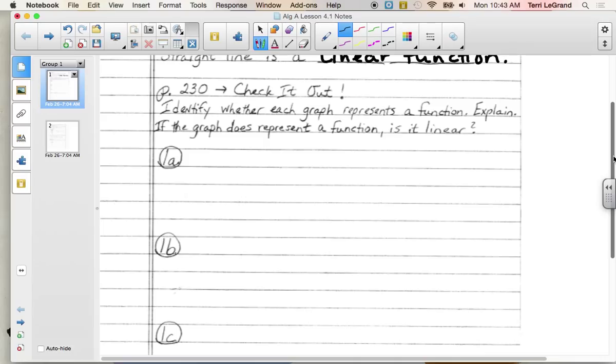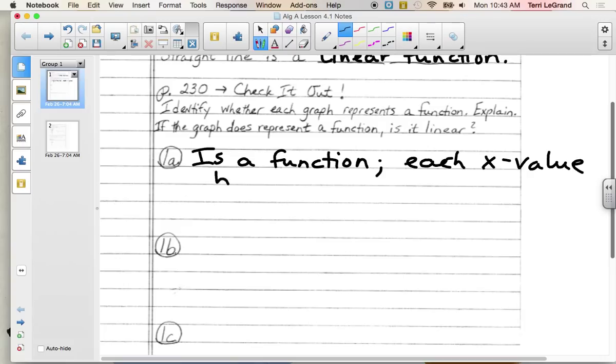Okay, so we're going to say it is a function. Our reasoning: each x value has only one y value.